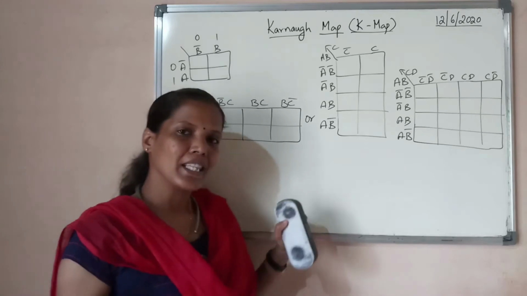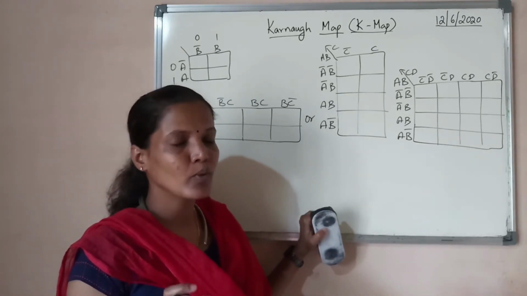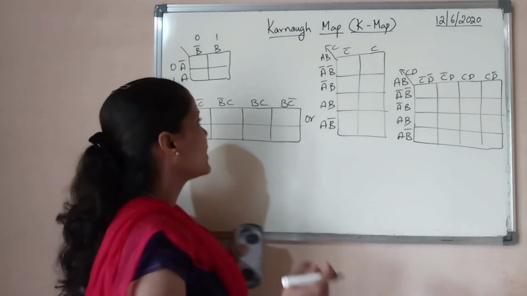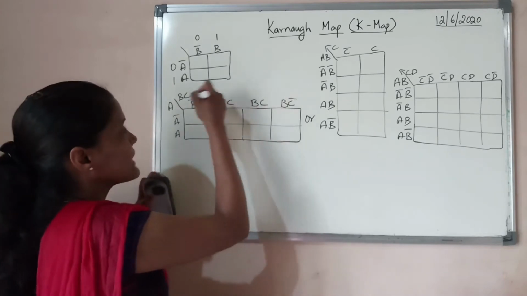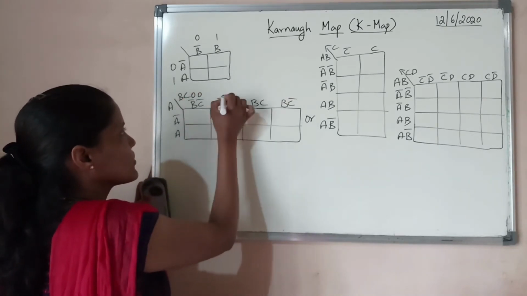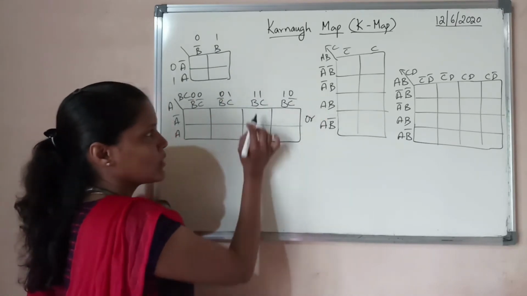We can also number the cells, which will be easier for us to simplify the Boolean expressions. How to number that? Before that, let us write these decimal equivalents. Both the values are 0, 0, 0, 0, 1, 1, 1, 1, 0. 1, 1, why?